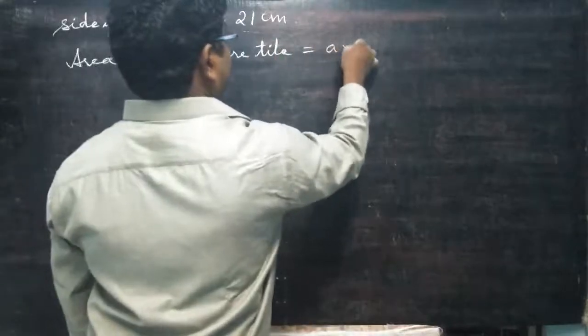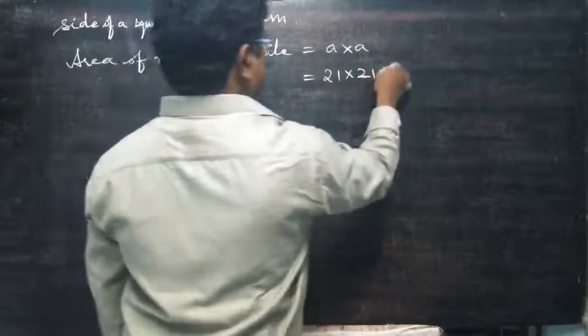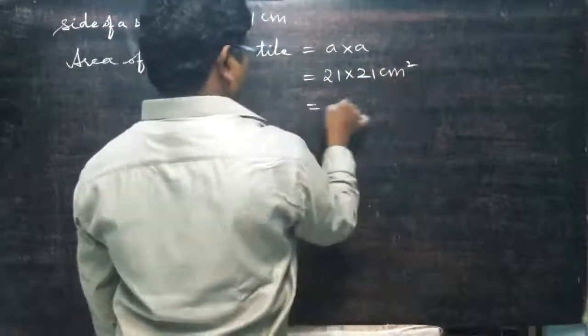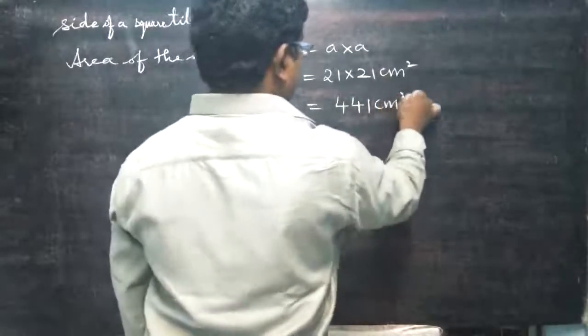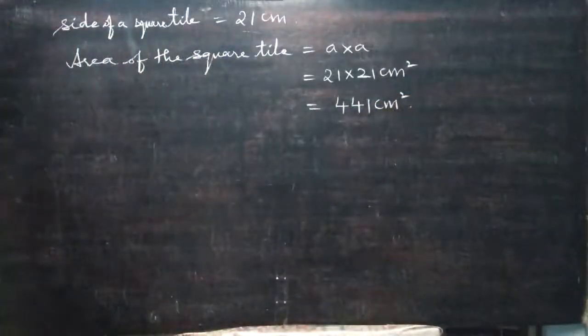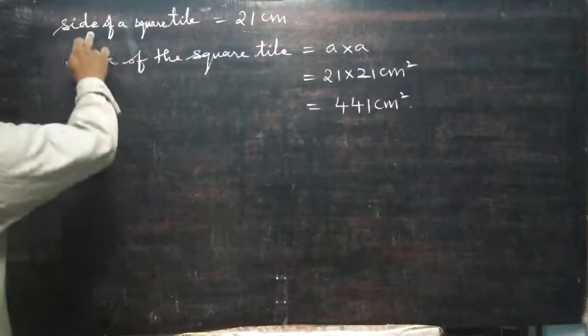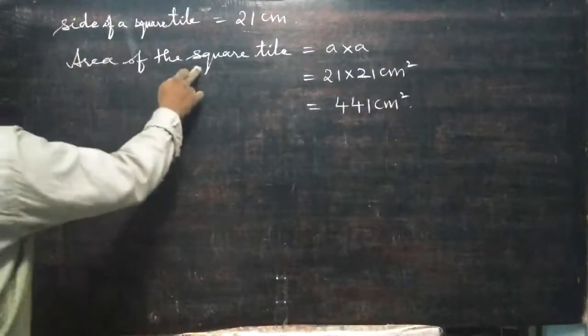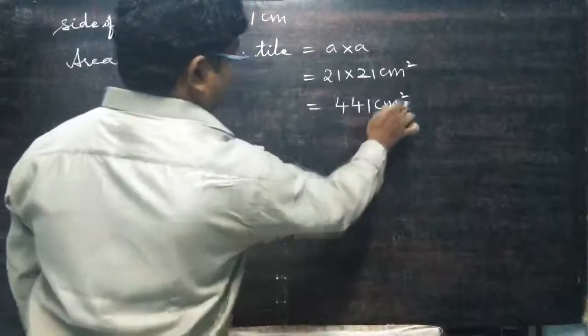Side into side, or a square. 21 into 21 centimeter square, that is 441 centimeter square. Now, one tile is going to occupy this much place, 441 centimeter square.